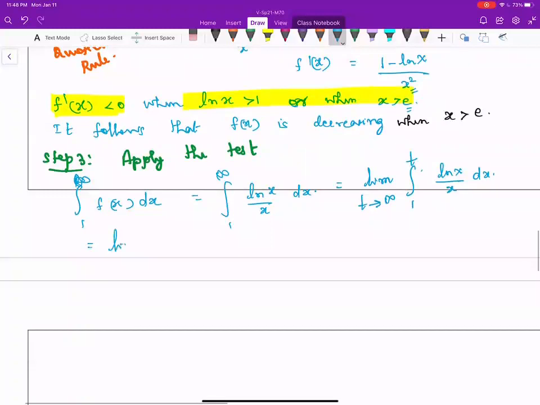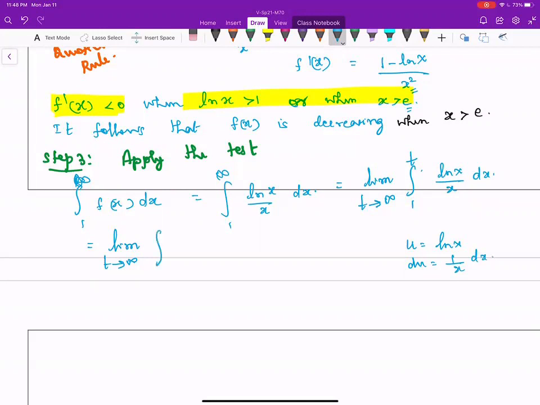For this ln of x over x, we can apply the substitution method. So du equal to 1 over x dx.